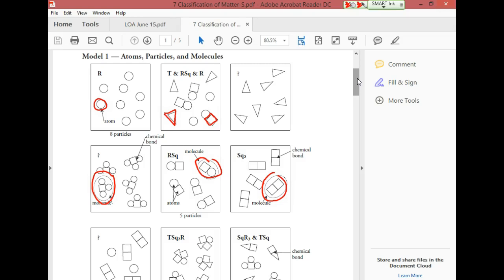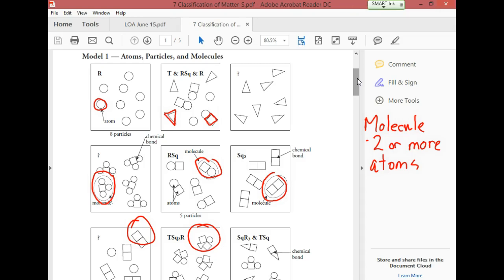Okay, a molecule is when something is made up of 2 or more atoms. So all of these things here, which have at least 2 shapes connected together, those are all molecules.